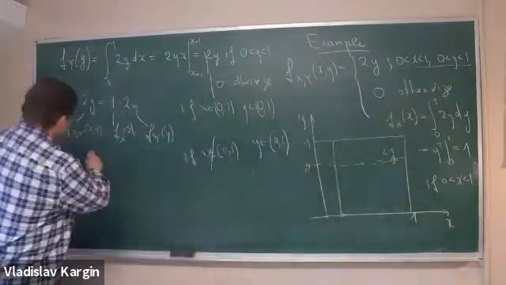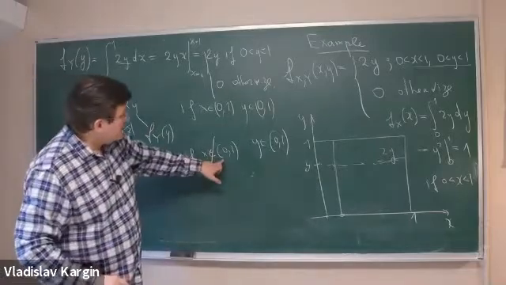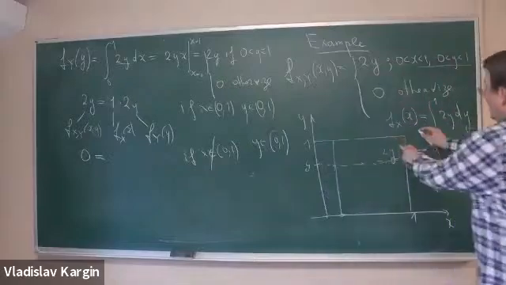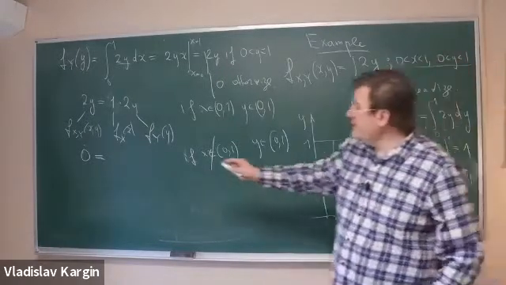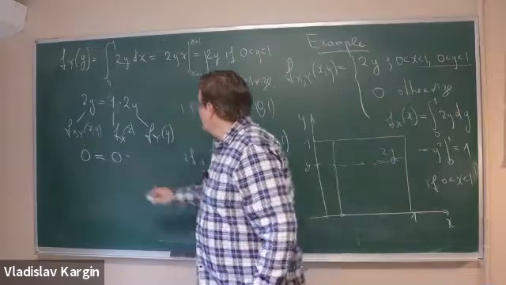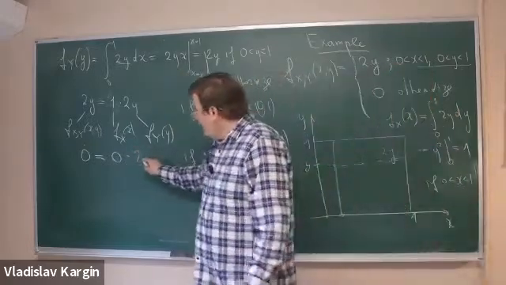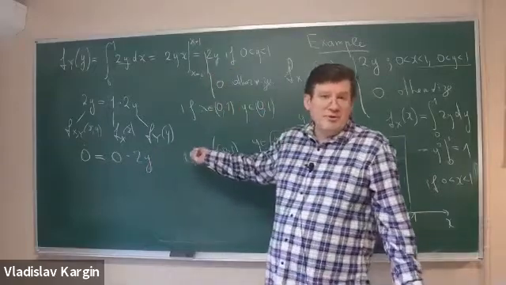So we have here 0, equal to, now if x doesn't belong to 0 to 1, then this marginal density is not 1, but 0. So it's equal to 0 multiplied by 2 if y belongs to 0 to 1. Right? So this is okay. 0 is equal to 0 multiplied by 2.